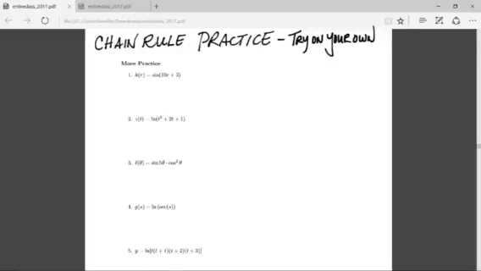I'm going to stop the video here, and if you go to the second video, there will be a moment where it tells you what the inside and the outside function is for each piece if you want a hint, and then there will be another one which tells you what the answer is. If you can't get from the hint to the answer, please ask questions about it in class.